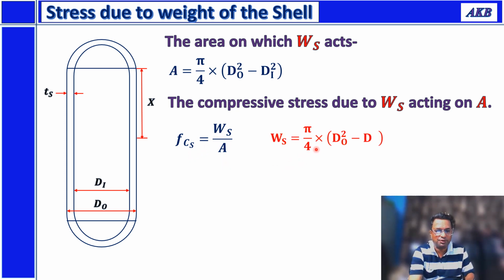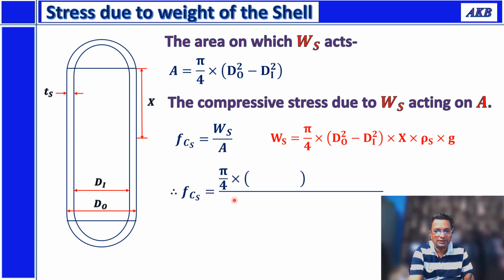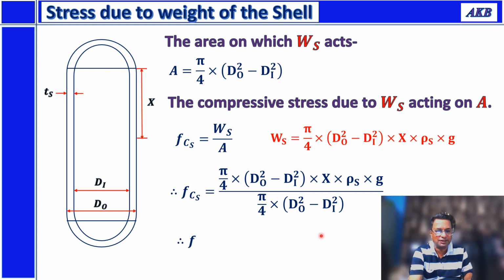Ws we got previously, pi by 4 into dO square minus di square into x into rho s into g. If you put that expression in this, you get FCS is equal to pi by 4 dO square minus di square into x into rho s into g divided by pi by 4 dO square minus di square.